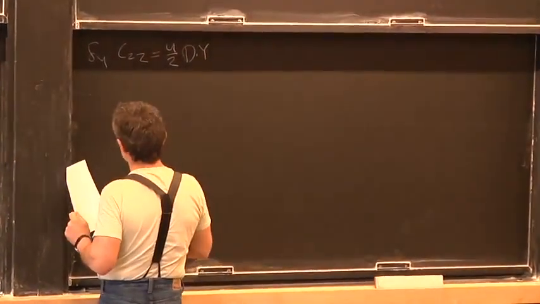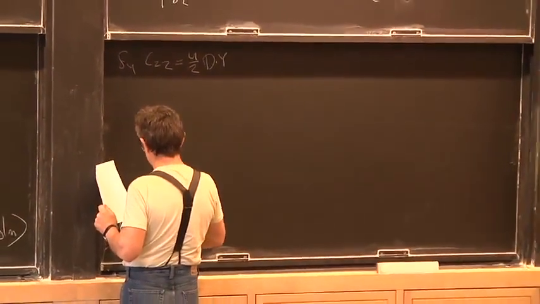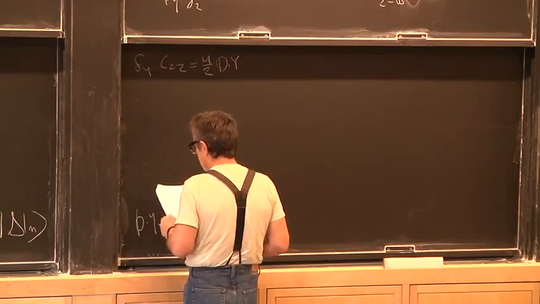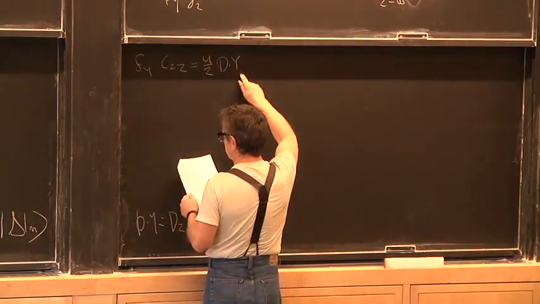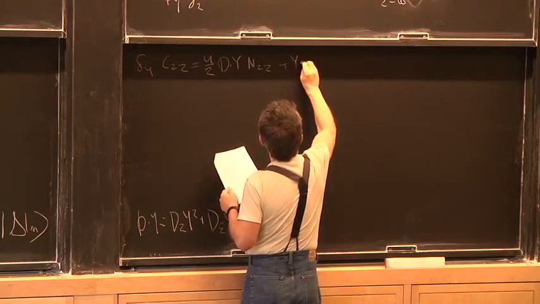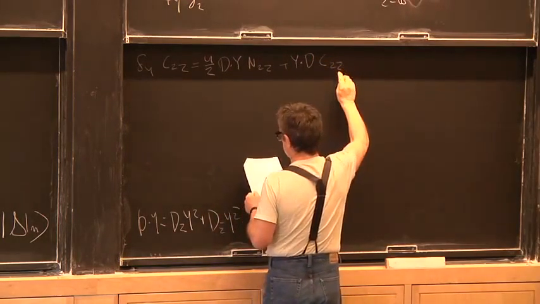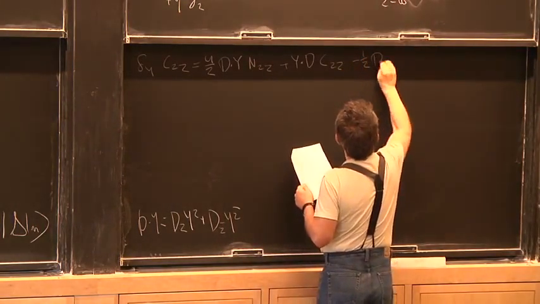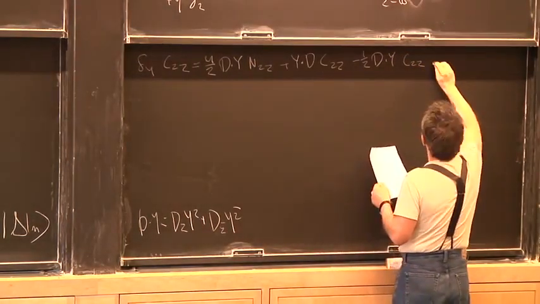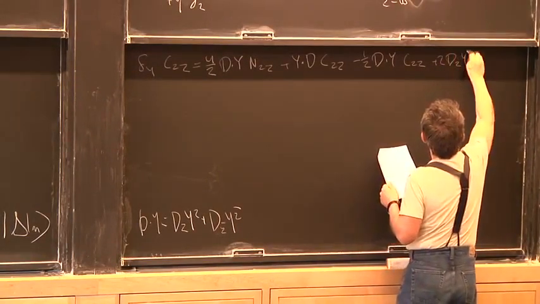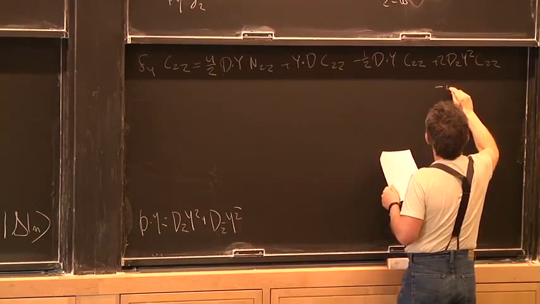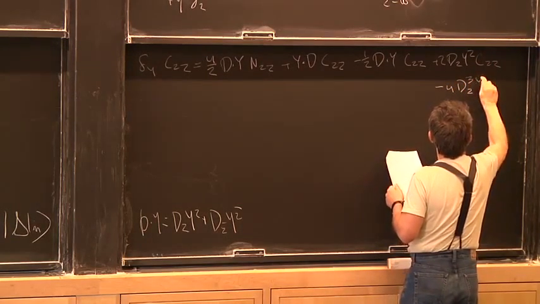And when I write D·Y, I mean D·Y is equal to ∂_z Y^z plus ∂_z̄ Y^z̄. Then δ_Y C_zz is equal to u/2 D·Y N_zz plus Y·D C_zz minus a half D·Y C_zz plus 2 ∂_z Y^z C_zz minus u ∂_z^3 Y^z.